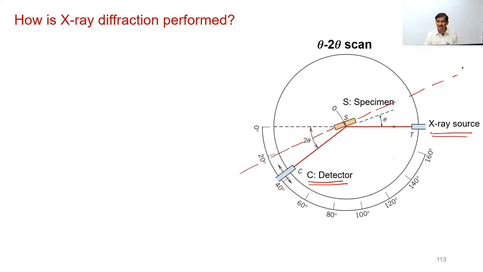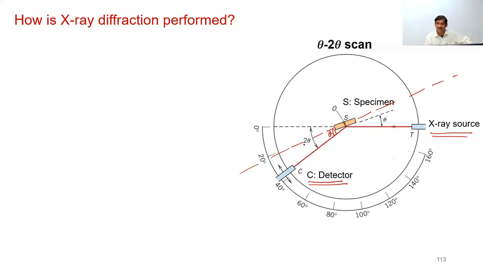So here is the X-ray source. It makes an angle theta with the surface of the plane. And we have put the detector in such a position that if we draw a line from the detector to the specimen point S, it would also make the same angle theta with the surface of the specimen. So this geometry is first of all maintained.